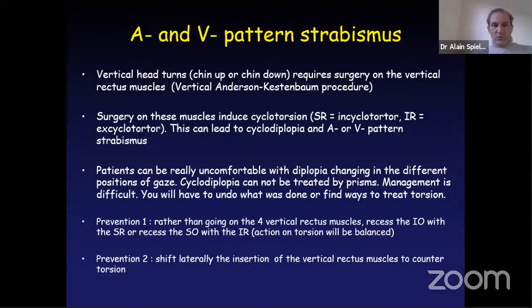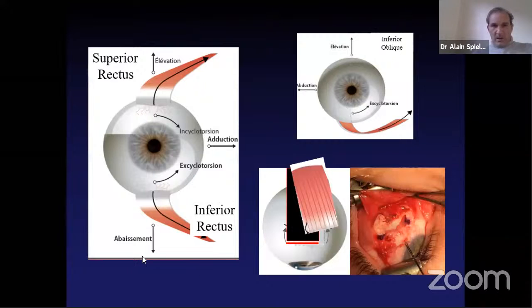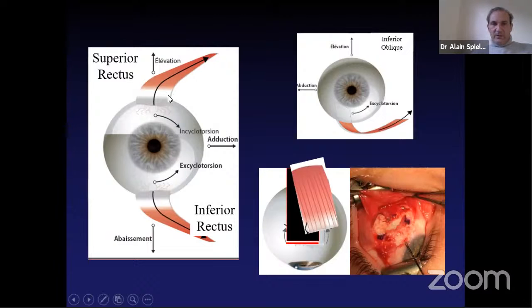Another way to prevent these alphabetical patterns is to shift laterally the insertion of the vertical rectus to counter the torsion. This is to remind you of the incyclotorsion effect of the superior rectus and the excyclotorsion of the inferior rectus.